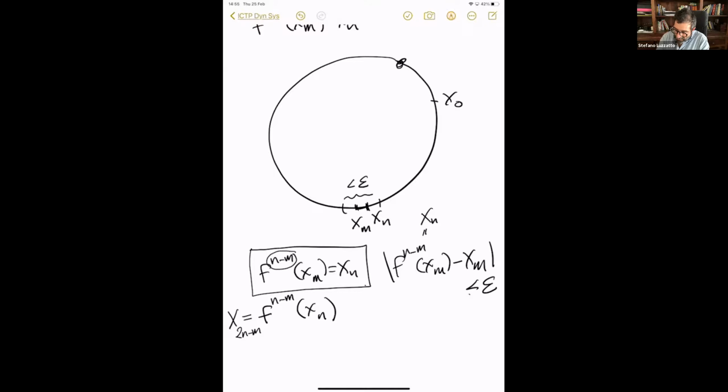So this iteration n minus m is basically a rotation by a small number, even though n minus m might be big. So you're actually maybe going around many times, and you're taking a very high iterate. The effect of translating n minus m times the original rotation is the same as having a rotation which is less than epsilon.